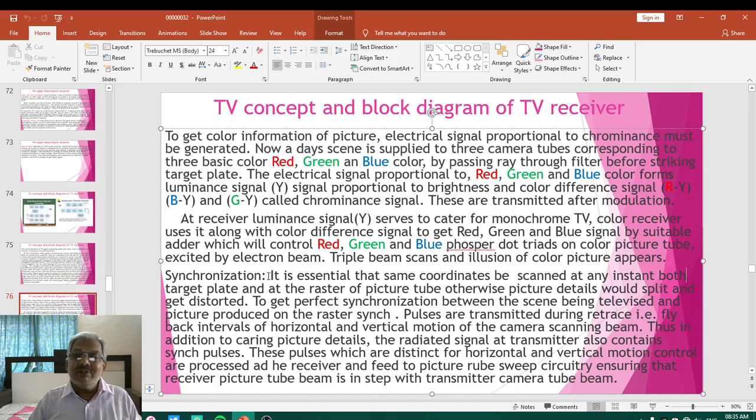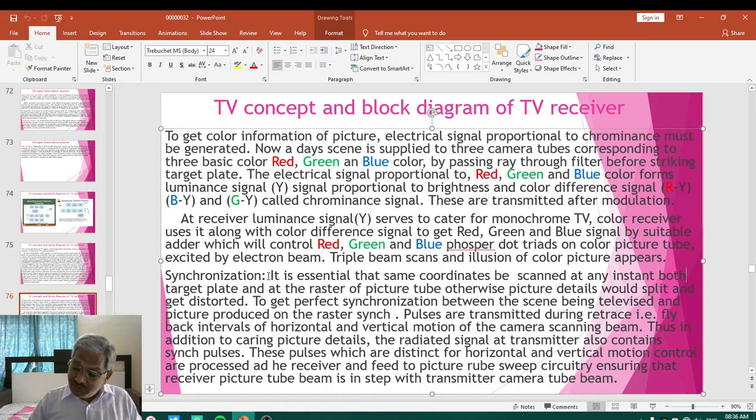In short, in technical words we can say the same coordinates must be scanned at any instant on both, that is on the target plate in the camera and also the raster picture of the picture tube.